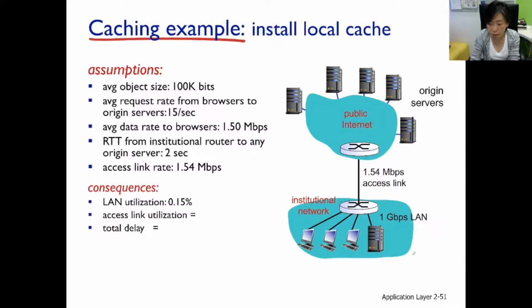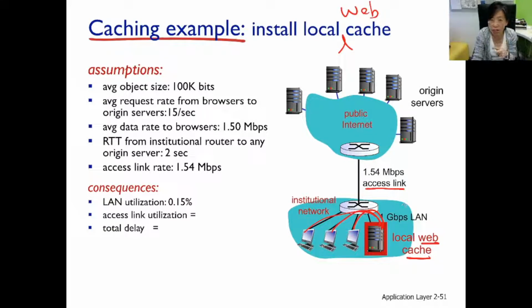In scenario 3, instead of blowing up the access link, let's install a web cache here. I'm calling it the local web cache because we are very close to the clients. All right. Oh, and yeah, I meant local web cache here. So that you are not confused with the local cache we've talked about in conditional GET, where that cache is actually very, very local on the hard disk of the user, right?